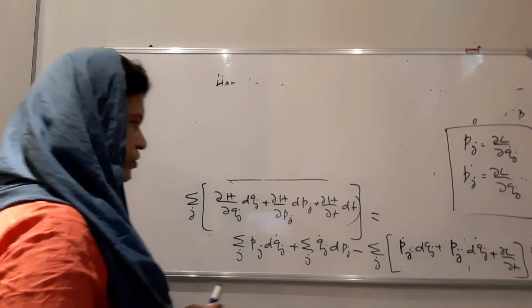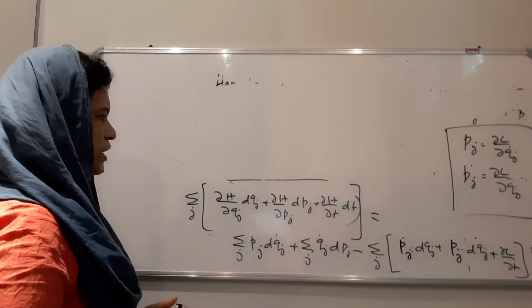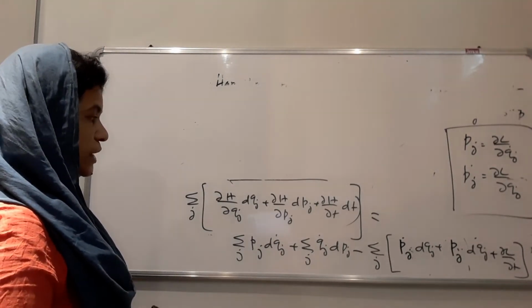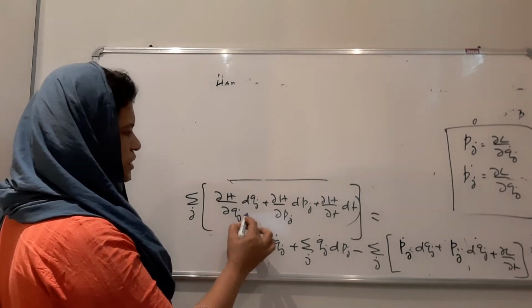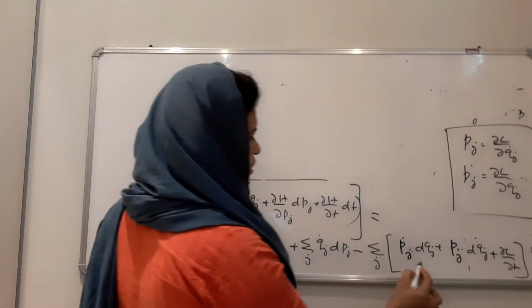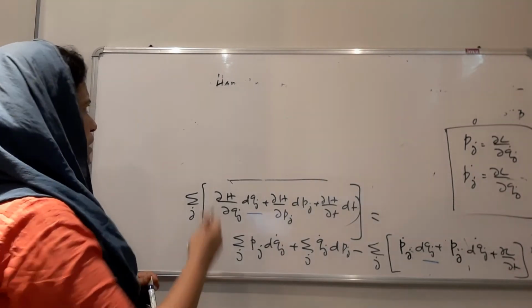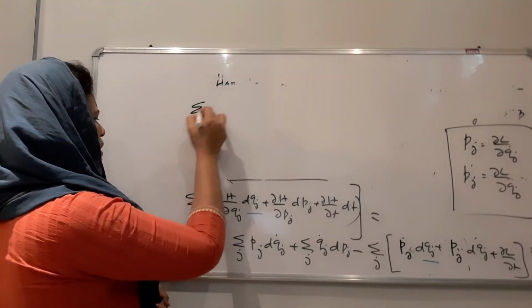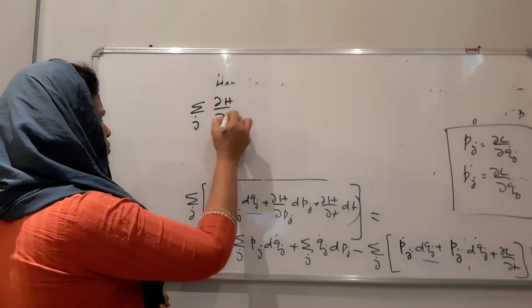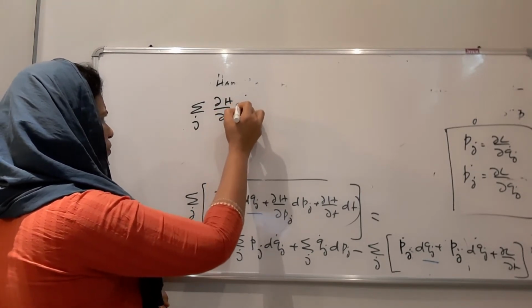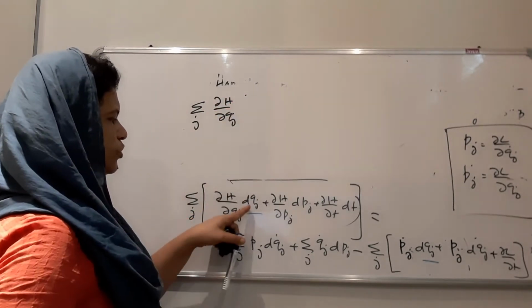Now we can add similar terms on both sides. Here the coefficient is dqj, here the coefficient is dqj. These two can be added together. Now we can write the left hand side: sigma j ∂H/∂qj into dqj.